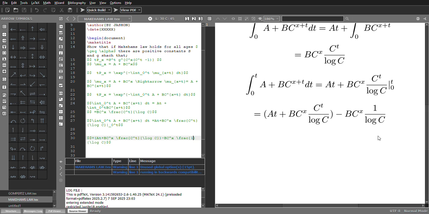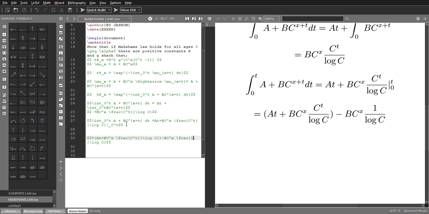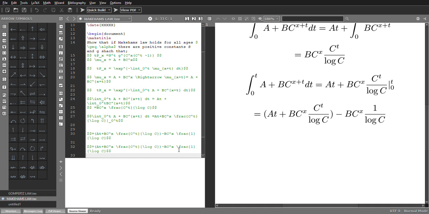Now we have it at this point. We're subtracting this by that. You notice that this one and this one have a common factor. So when we open these brackets, we'll have something like this.